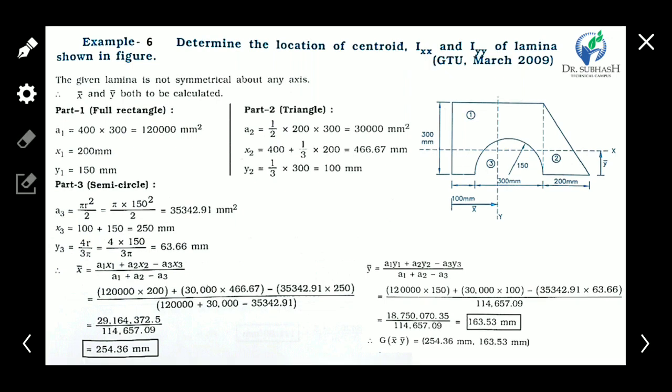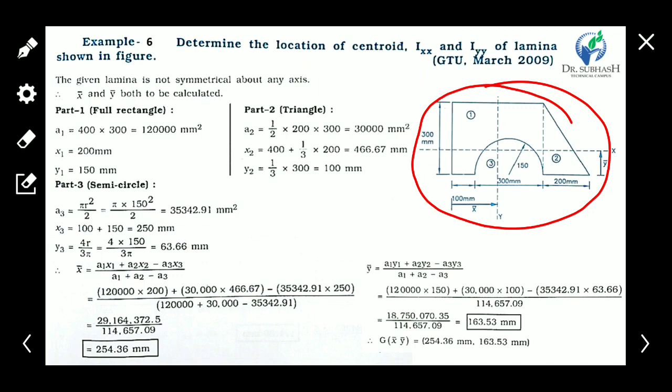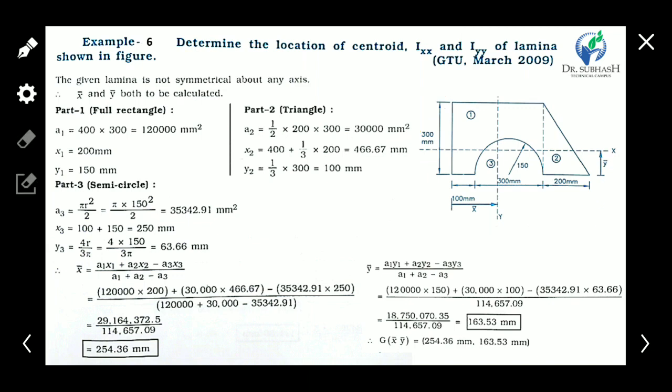So the sum becomes too lengthy compared to the last sum. First we have to find out the center of gravity of this compound area. For that we also convert this area into regular shapes: triangle, rectangle and semicircle.